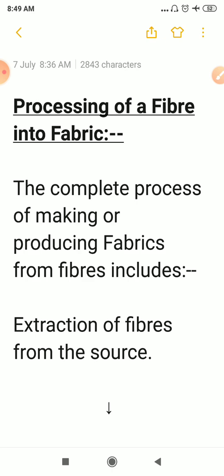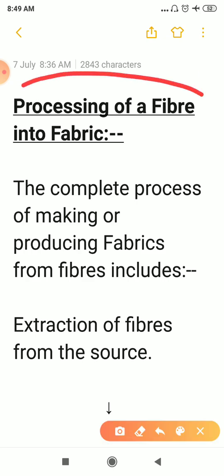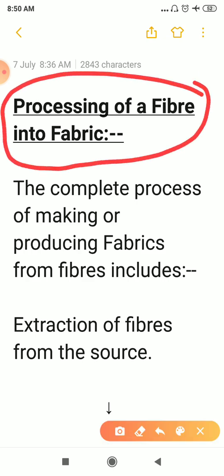That big piece of cloth is called fabric. How these small fibers are converted into fabric, that process we are going to discuss here. Processing of a fiber into fabric.